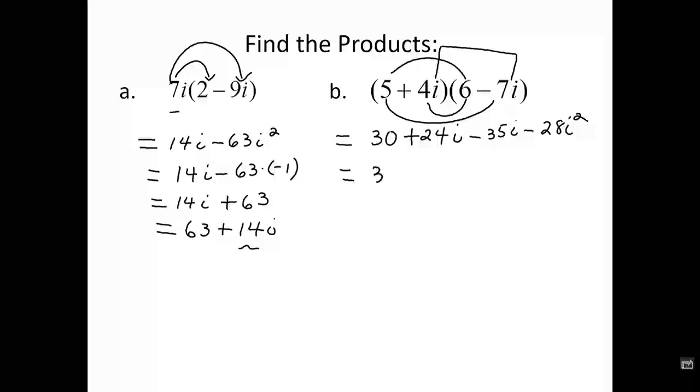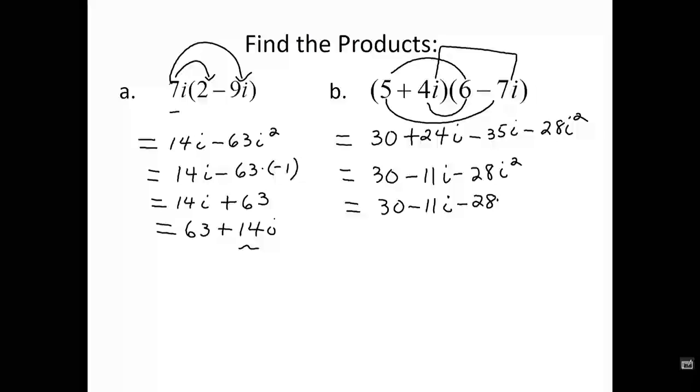With 30, a positive 24i plus a negative 35i is a negative 11i, minus 28i squared. So we have 30 minus 11i minus 28 times i squared.